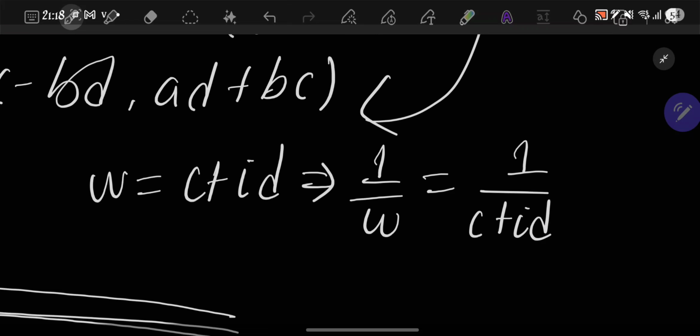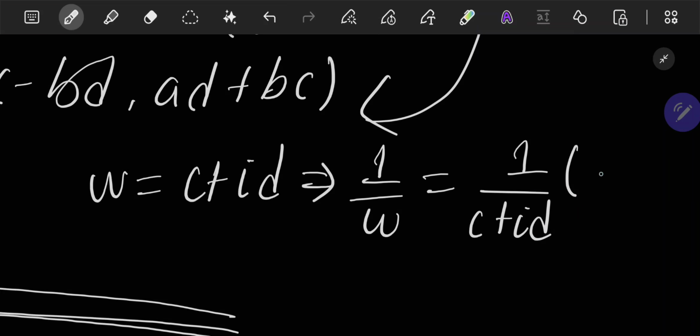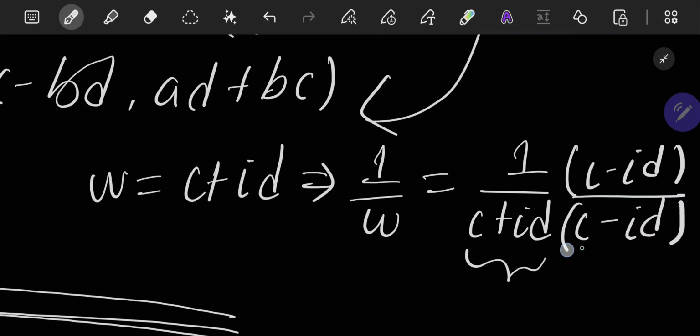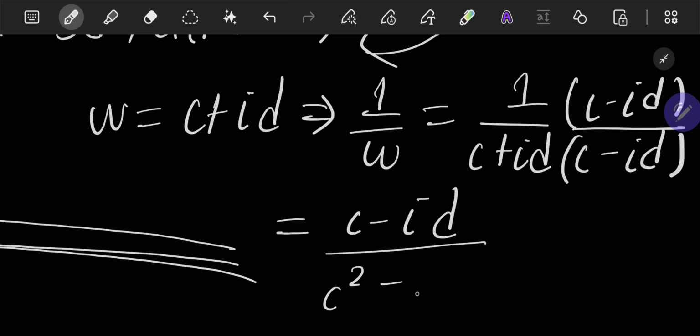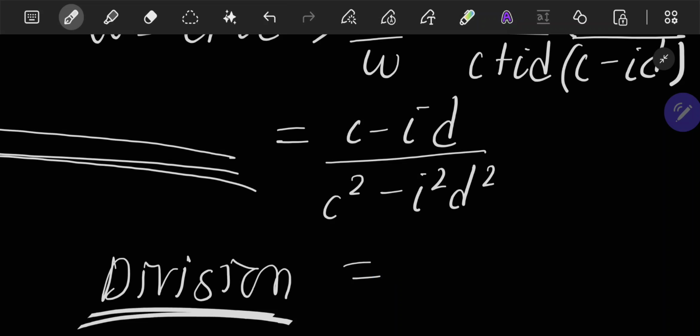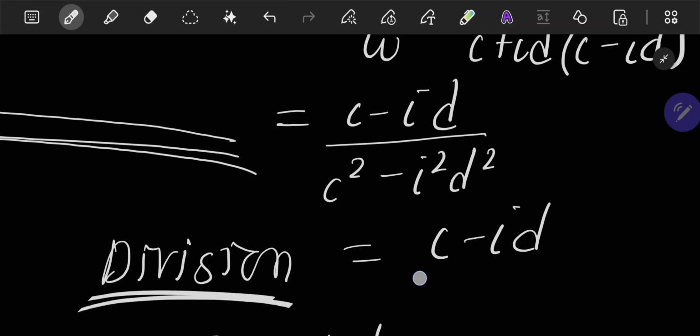Now, what we do is we multiply by the conjugate of this, so c minus id over c minus id. By which we get c minus id over c squared minus i squared d squared. Notice that this is just the formula for the difference of two squares. Now, this simplifies to c minus id over, notice that i squared is -1, so this simplifies to c squared plus d squared.